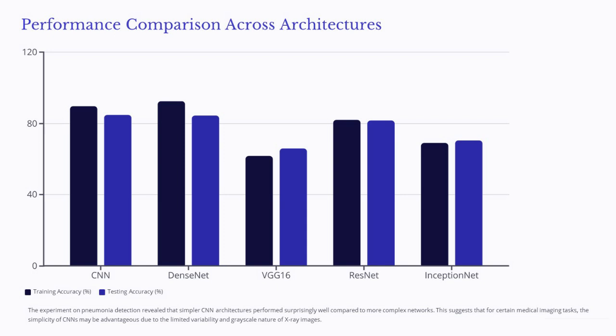Good results are also demonstrated by DenseNet, but on this slide you can see the comparison of training accuracy and testing accuracy, and you can see that the difference between the training and testing accuracy for DenseNet is bigger than in the case of CNN.